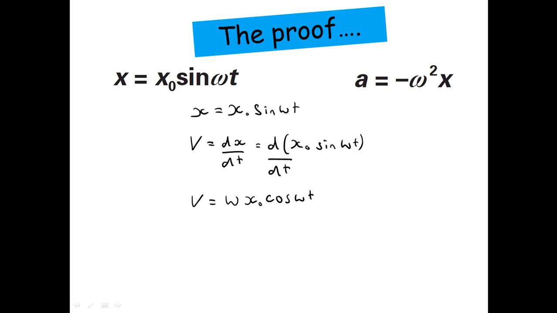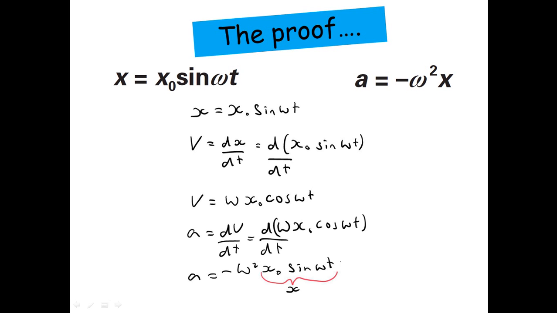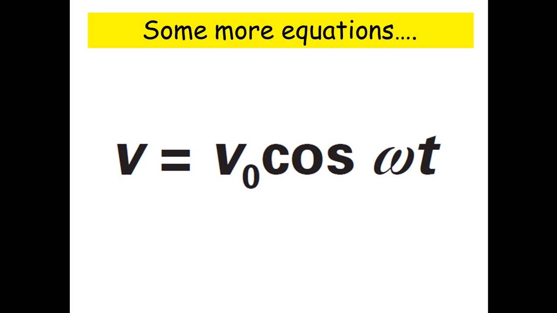If I do this again, now that I've worked out what velocity is, to find the acceleration, if I find the derivative of velocity with respect to time, I end up with a equals minus omega squared x0 sine omega t, which is exactly the same as x, which gives me minus omega squared x.